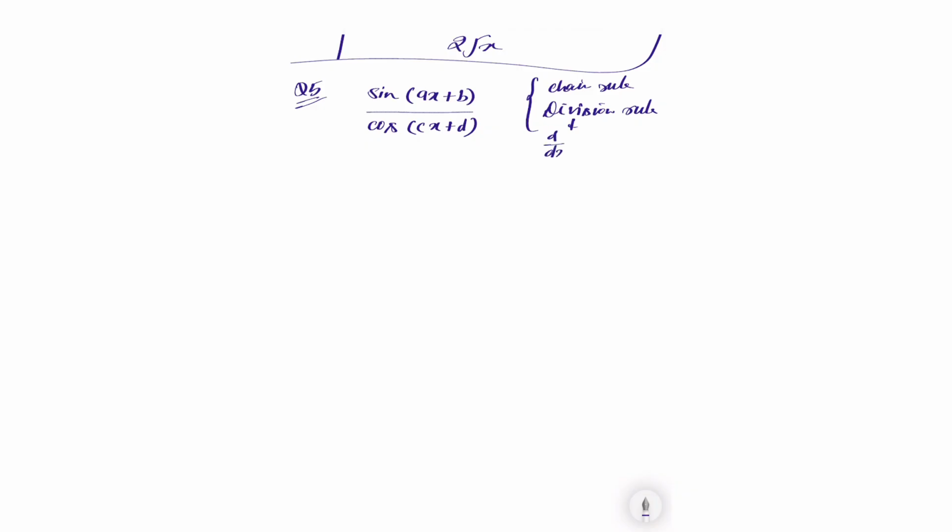Look at the back page. d/dx of 1 by 2 is equal to, yes, 2 into d/dx of 1 minus 1 into d/dx of 2, divided by 2 square. Second d/dx of first minus first d/dx of second, over second square. So apply the formula here. Directly you apply the formula here only.